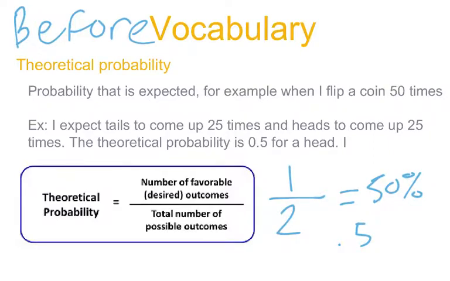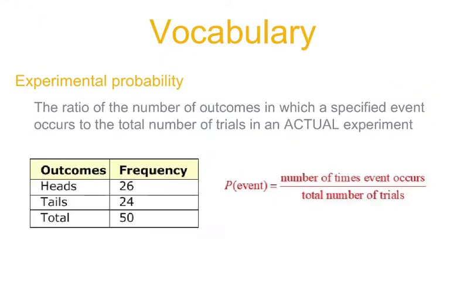Then, if we were to actually flip our coin, we would be moving into experimental probability. So this is the ratio of the number of outcomes in which a specified event occurs to the total number of trials in an actual experiment, right? So if we were to take that same coin from the previous example, theoretically, if we were to flip it 50 times, we should get 25 heads and 25 tails, right?